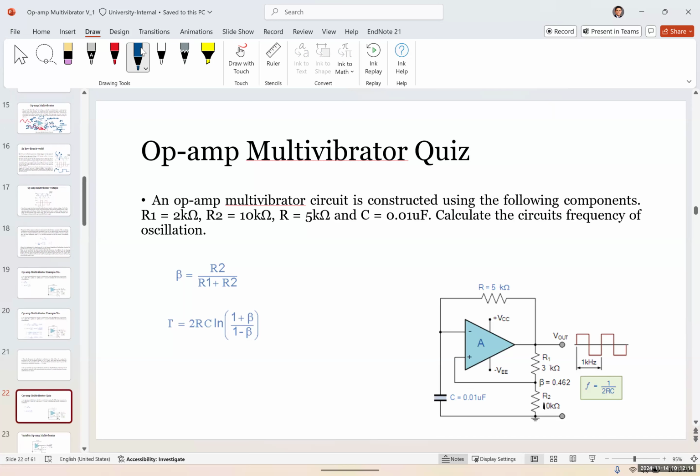So I'm going to leave this for you to solve at home because I don't have enough time, but beta again is going to be 10K over 2 plus 10K. And then T would be equal to times 5K times 0.01 times 10 to the power of -6, times the ln of 1 plus beta over 1 minus beta.